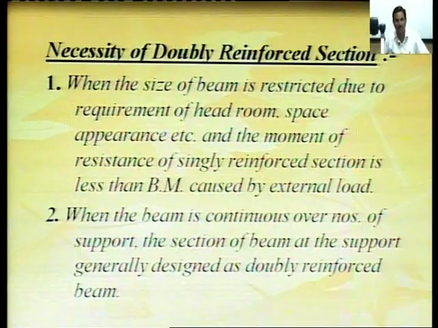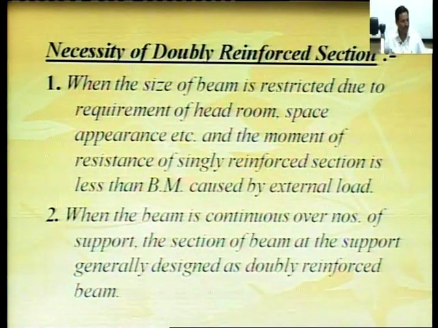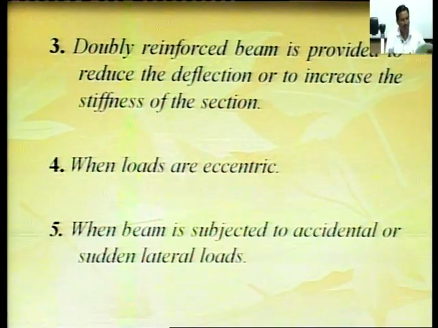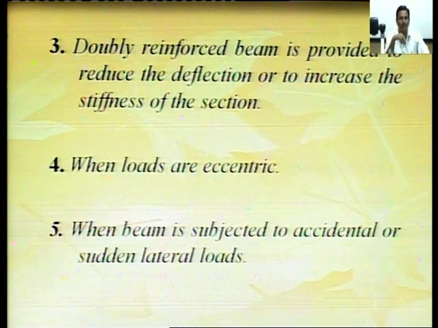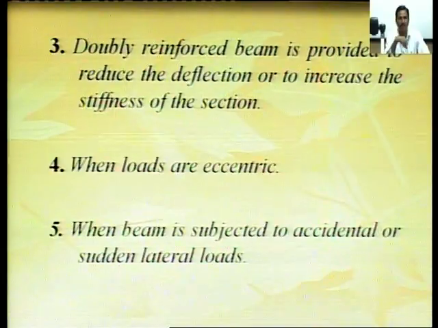Second necessity of doubly reinforced beam is when the beam is continuous over a number of supports, the section of beam at the support is generally designed as a doubly reinforced beam. Third reason, doubly reinforced beam is provided to reduce the deflection or to increase the stiffness of the beam section.